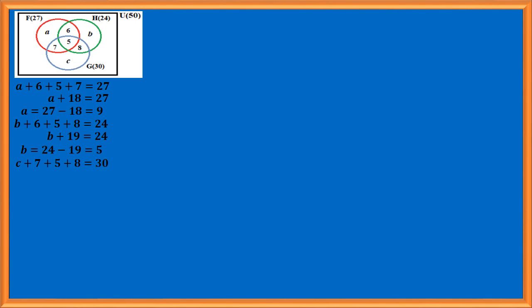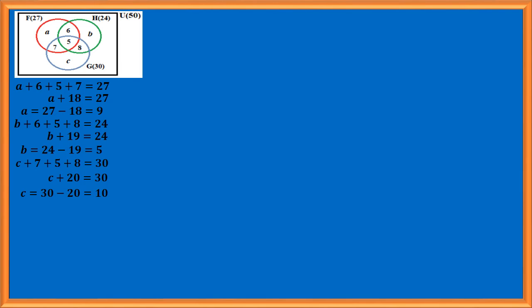So I have C plus 7 plus 5 plus 8 equal 30. That gives us C plus 20 equal 30, giving us C to be 30 minus 20, which is equal to 10. So this is the value of C.